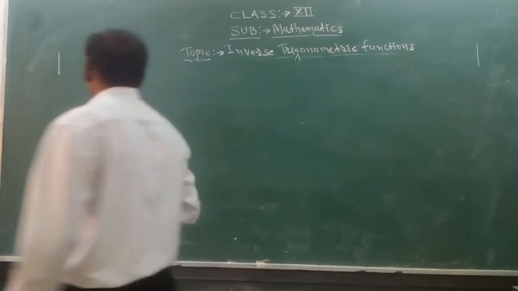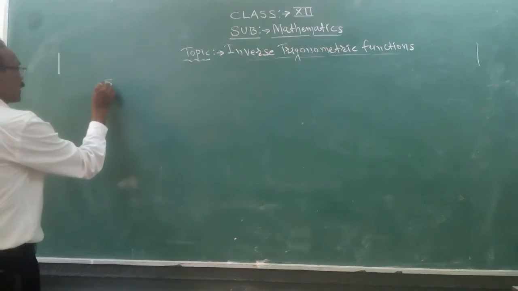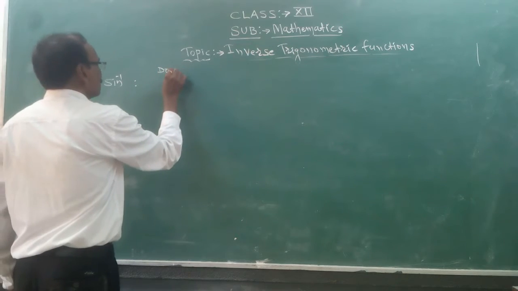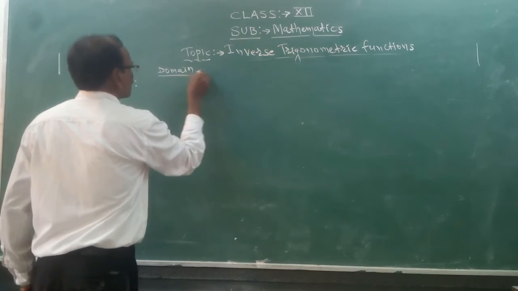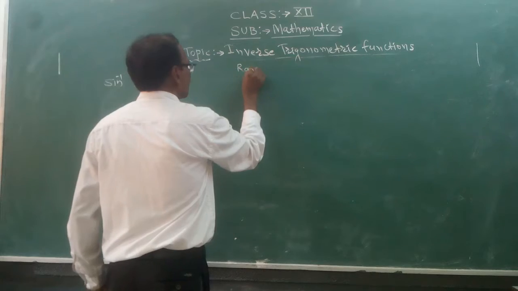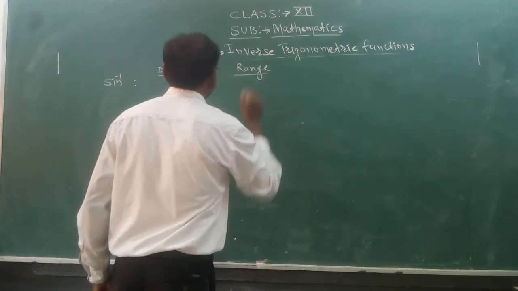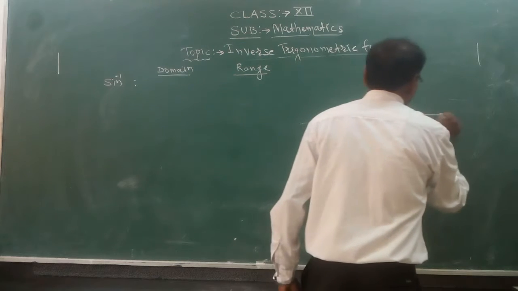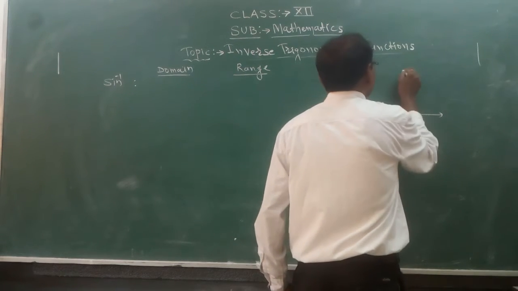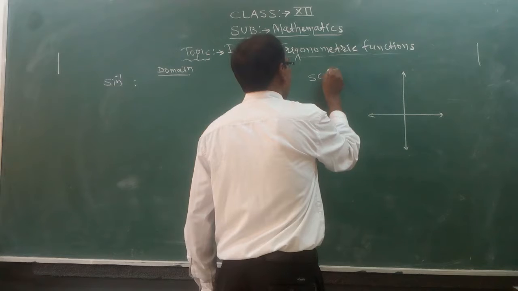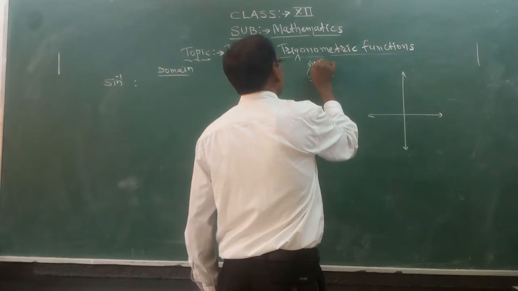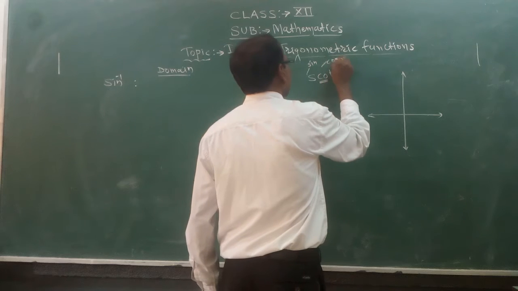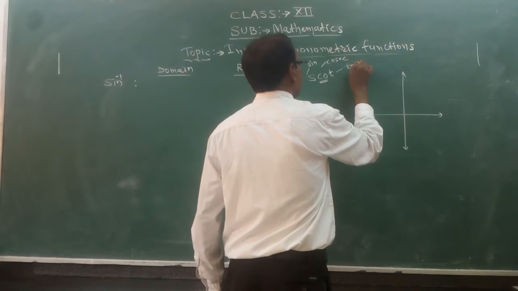Let us take the sine inverse function. I am writing the domain and the range for this table. Yesterday I told you about the word SCT: S stands for sine, C stands for cosecant, T stands for tan.